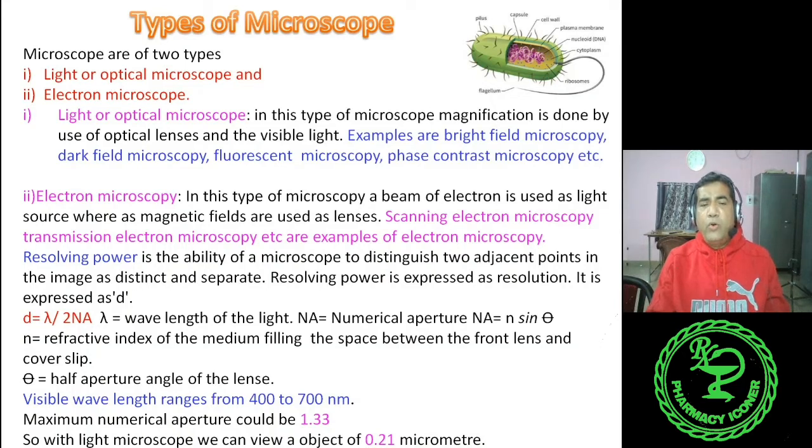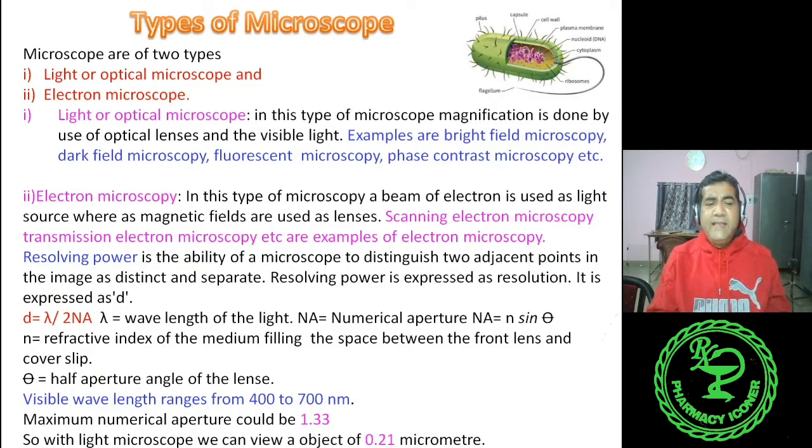There are many more. Here, simply, the light is amplified with the help of a lens. In an electron microscope, in place of light we use a beam of electrons, and a magnetic field is used as lenses. Scanning electron microscope, transmission electron microscope, etc. are examples of electron microscope.